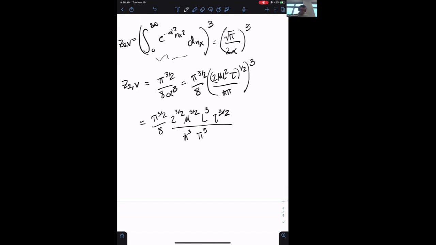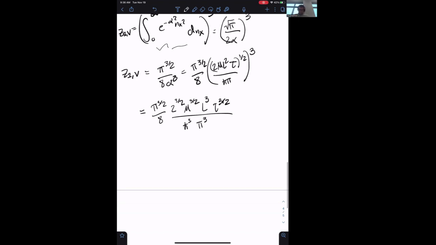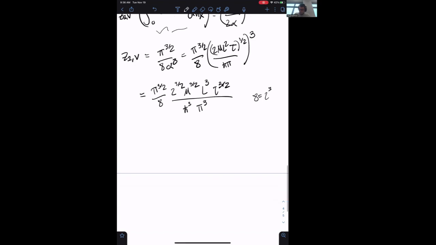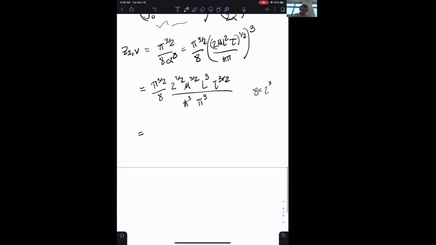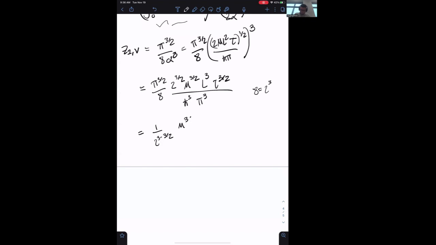Okay, this looks like a mess, but we can still simplify this. 8 is actually just 2 cubed. So what does this give you? We have 1 over 2 to the 3 minus 3 halves, m to the 3 halves.